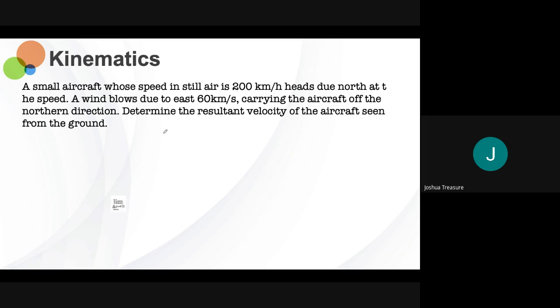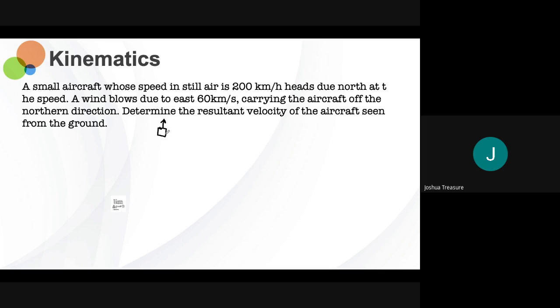So we have our aircraft here, and it's heading north at 200. Whenever we start a question, you want to draw diagrams to get an understanding of what is happening. And there's a wind that blows east.